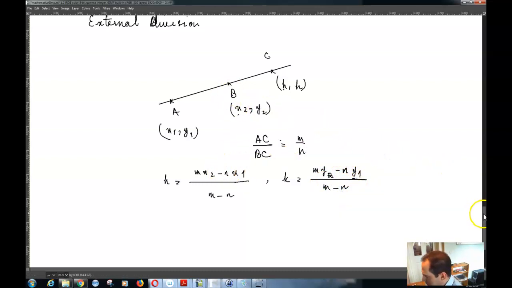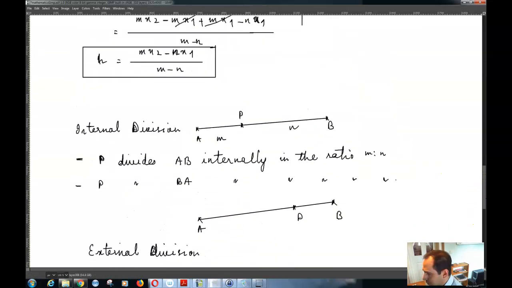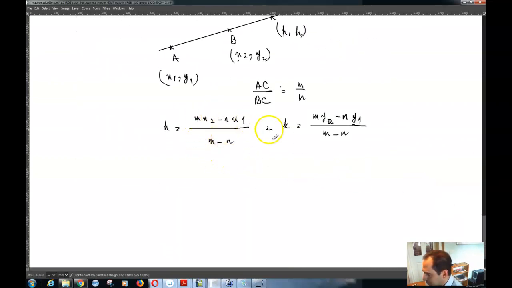So compared to the relationships that we had before, suppose that you have a point over here. Let's say that this is B and this is A, and this is the point P dividing this line internally in the ratio m to n.